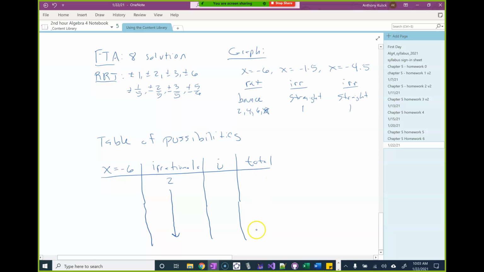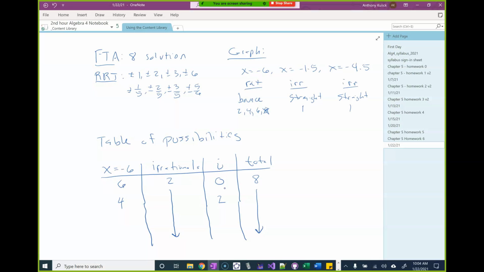That leaves no imaginaries possible, right? With 2 more irrationals gets us to 6, or 2 imaginary solutions in that situation. Or if 2 times 2 irrationals, that's 4 total. We need 4 more imaginaries to get to 8. Those are the 3 possibilities.